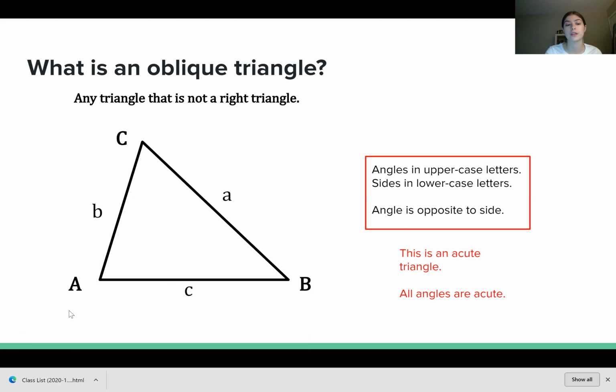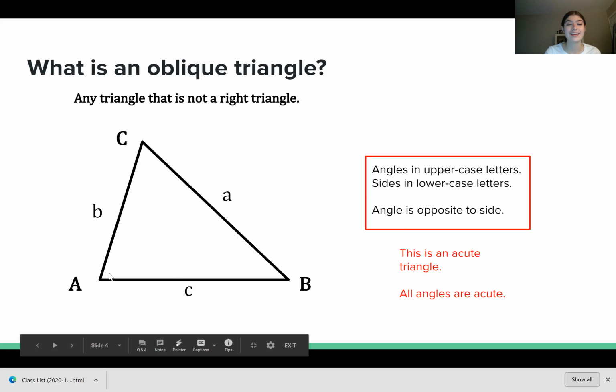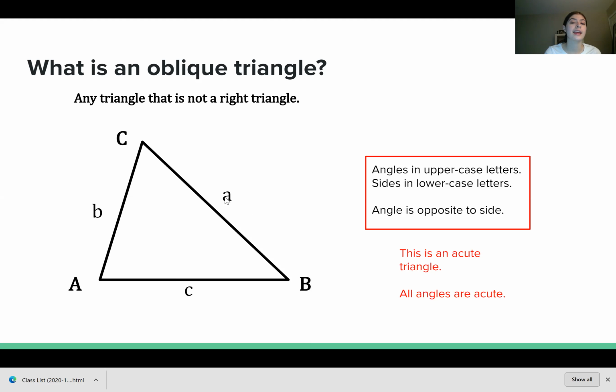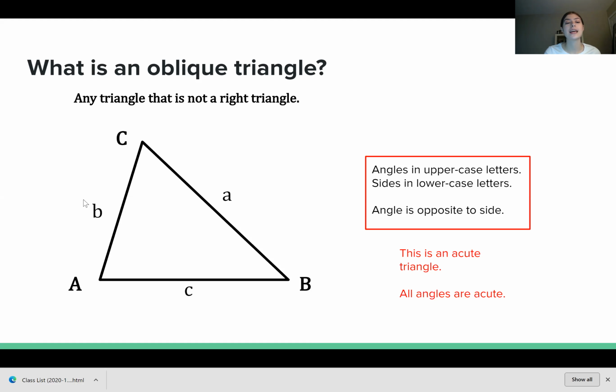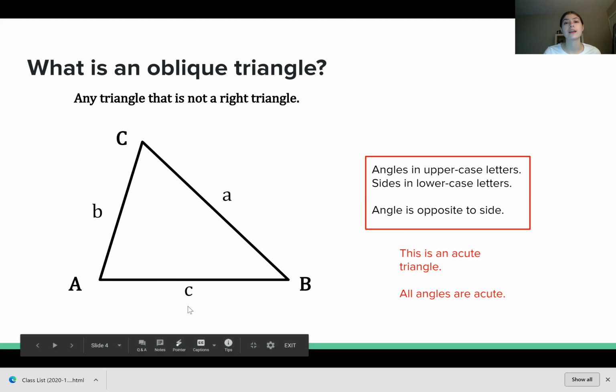So here, for example, you can see angle A is opposite to side a. Angle big letter B is opposite of side little letter b. And up here, angle C, capital C, is opposite of side little letter lowercase c.